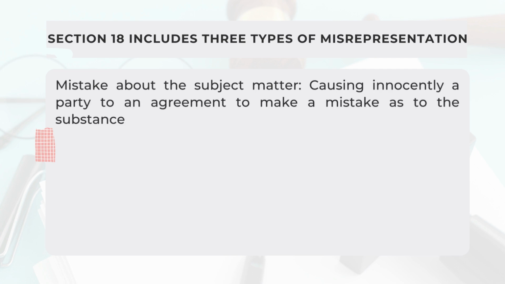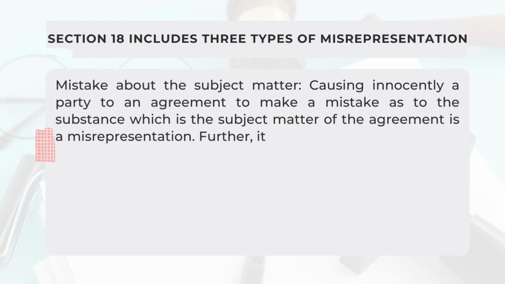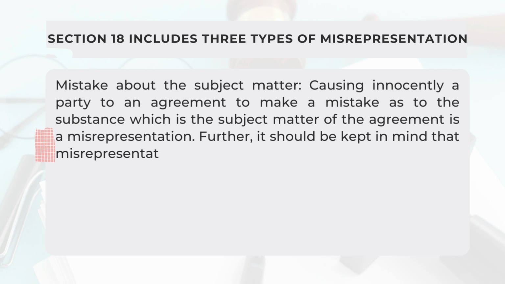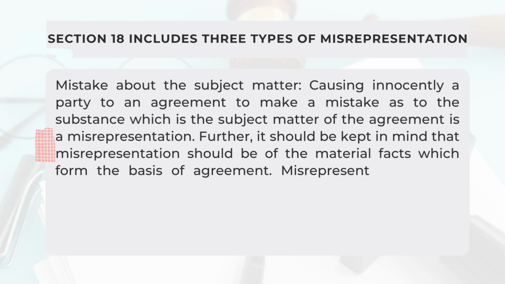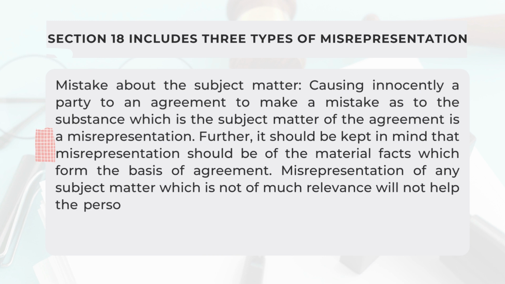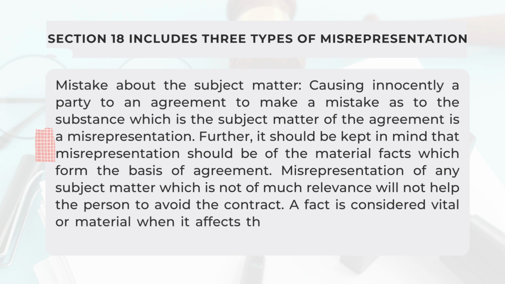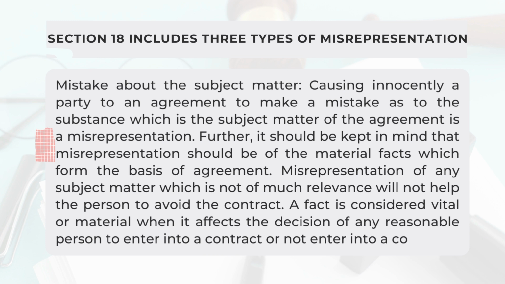Causing innocently a party to an agreement to make a mistake as to the substance which is the subject matter of the agreement is also part of misrepresentation. But it should be kept in mind that the misrepresentation should be of material facts, important facts, and not of mere facts.